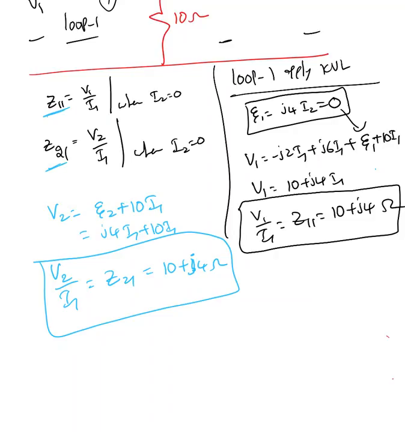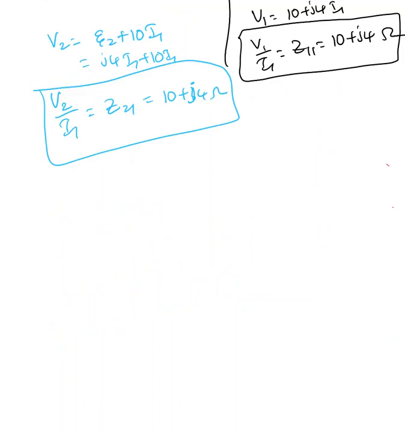Now I'm going to find the remaining two parameters. I have to find Z22 equals V2 over I2 when I1 equals 0. Same way, Z12 equals V1 over I2 when I1 equals 0.